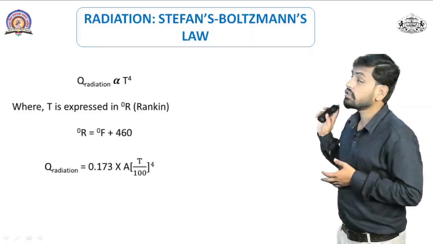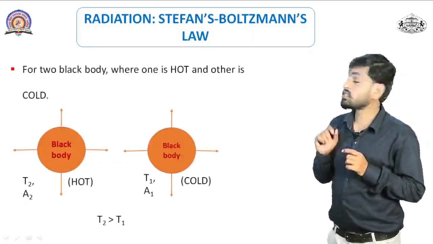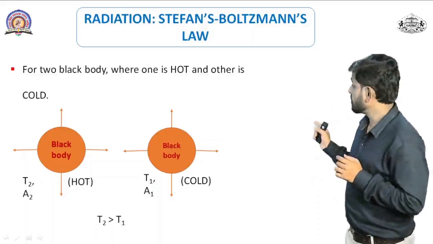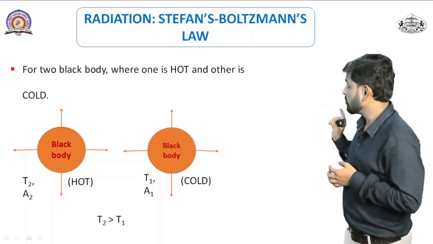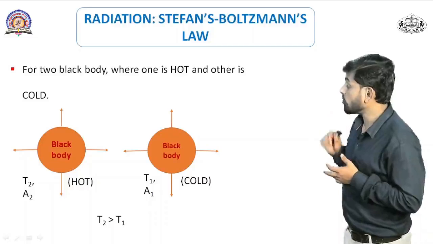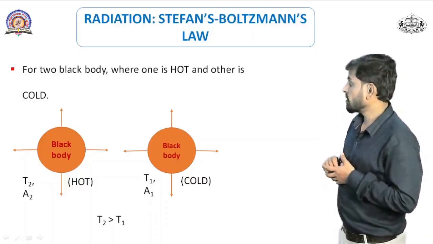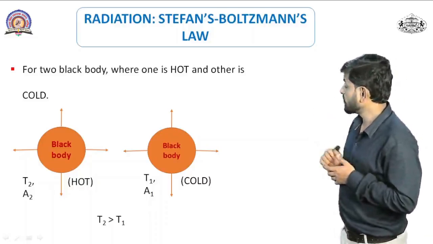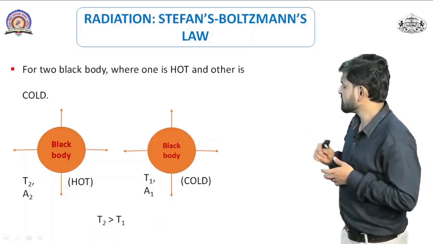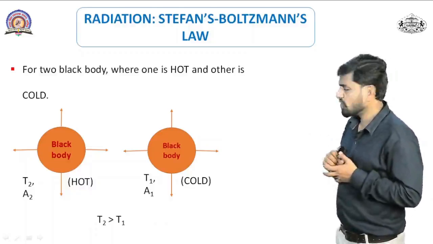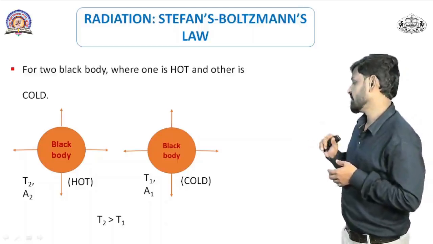This equation is expressed as the Stefan-Boltzmann law of radiation. Consider two black bodies, one hot and the other cold. The temperature of the hot body is T2 and its cross-sectional area is A2, and the cold body temperature is T1 and area is A1. T2 is greater than T1.